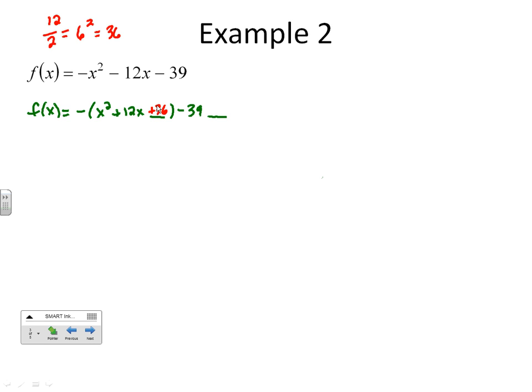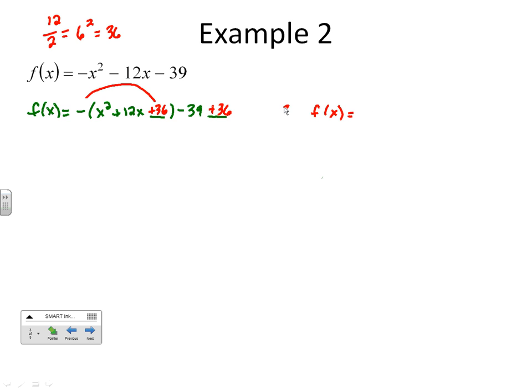Now, I added 36 to my parentheses, but really I put a negative 36, because that negative outside the parentheses, if I distribute it back, is a negative 36. Well, if I really subtracted 36 here, then to undo that on the outside, I need to do the opposite sign and add 36.